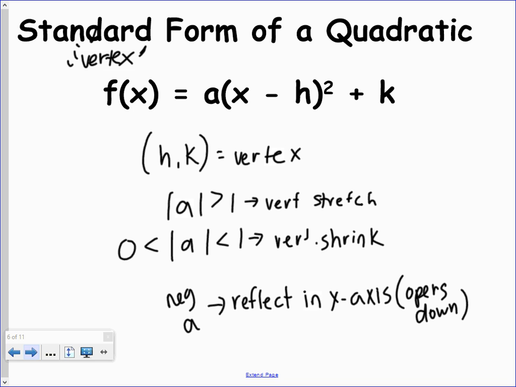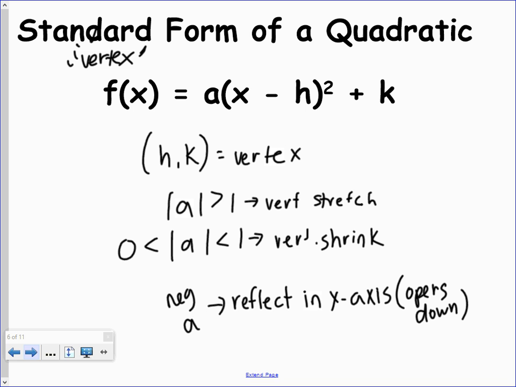Now, here's where I'm going to have to challenge some of you. We are wanting our answers for quadratics to look like standard form, the new standard form. I realize that you have been taught, rightfully so, how to work with quadratics in the old standard form.